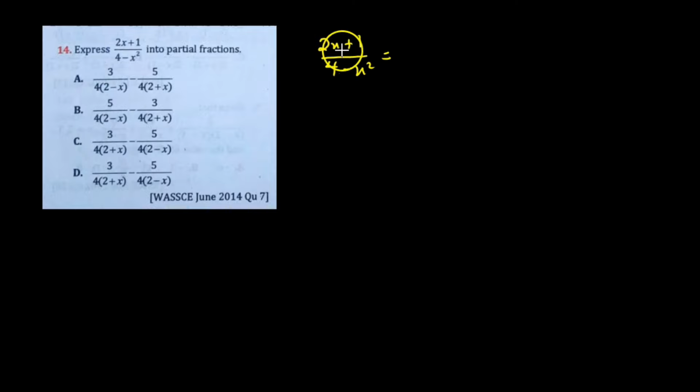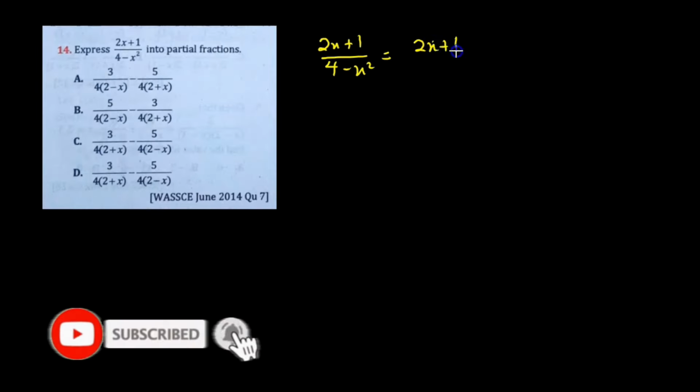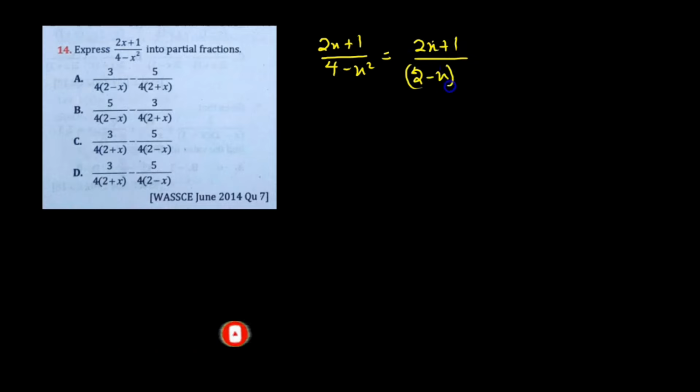And truly we've checked and everything is in place. Then we also check, can the denominator be written as two linear factors? And yes, it is. So we are going to have it as (2x plus 1) all on (2 minus x) and then (2 plus x).